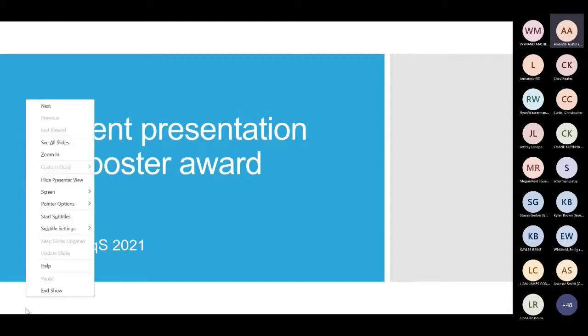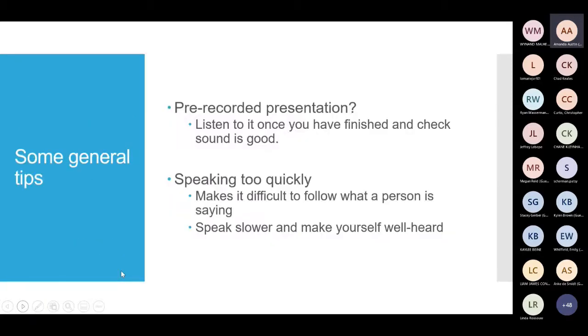So some general tips: in the future, if you have a pre-recorded presentation, please make sure to listen to the recording once you have finished it. Sometimes people spoke too close to the microphone and the sound was very distorted, and other times people spoke so softly that it was really difficult to hear what they were saying.